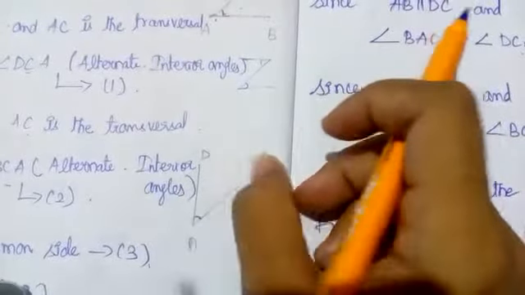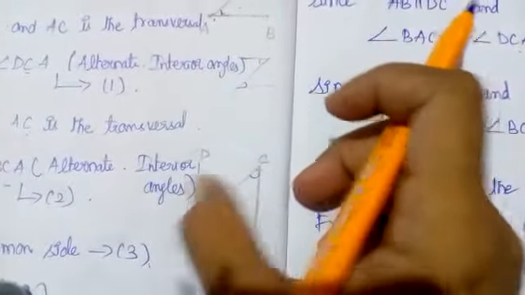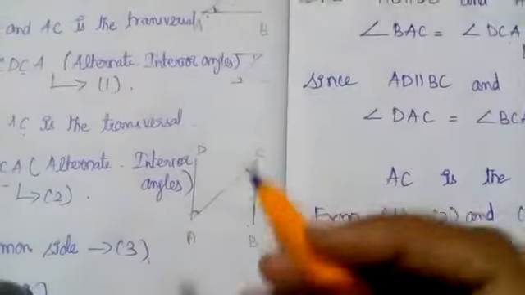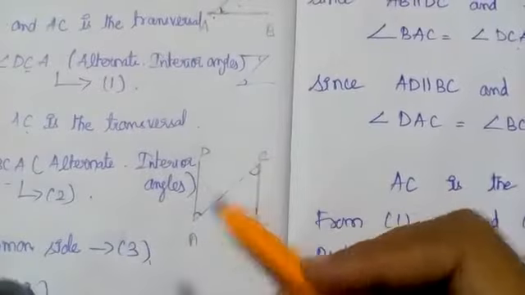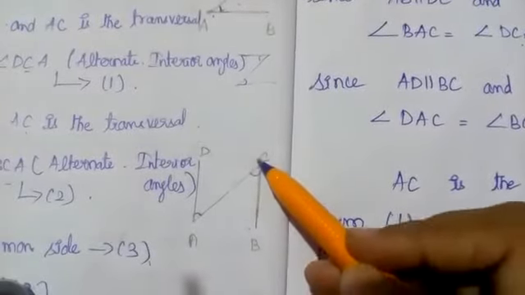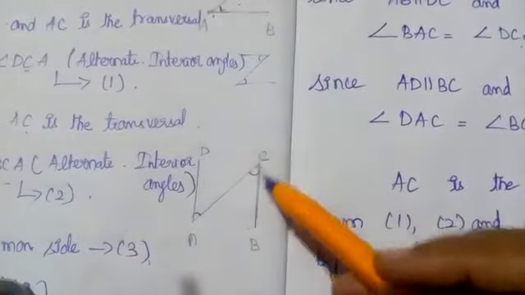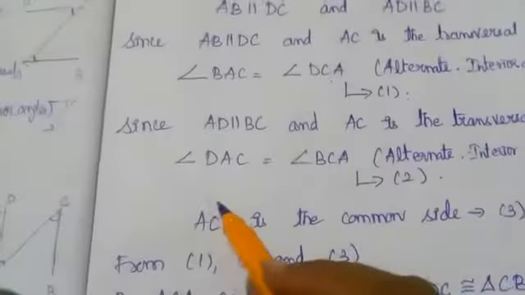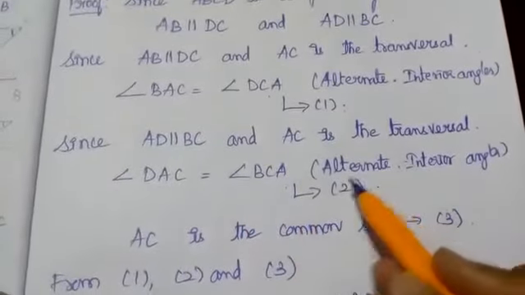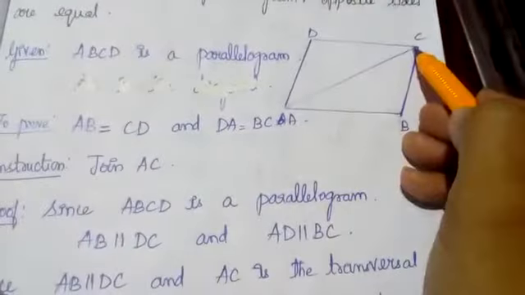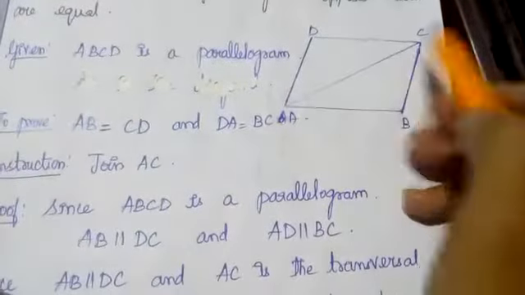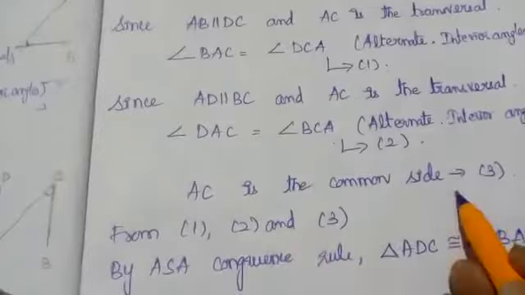So angle DAC is equal to angle BCA because they are alternate interior angles. And AC is the common side.